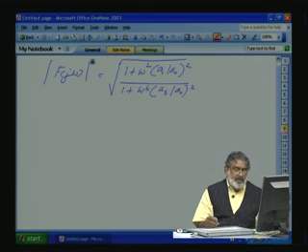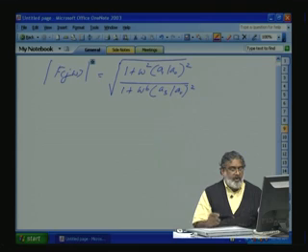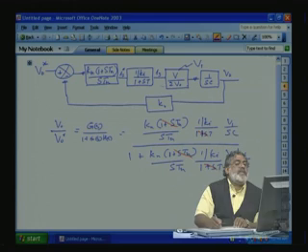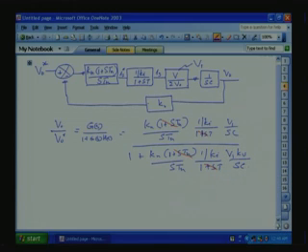Now let us go back to our voltage control loop, this loop. Let us write down the V0 by V0 star.